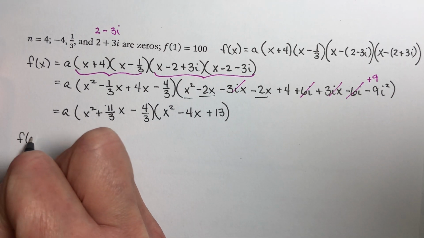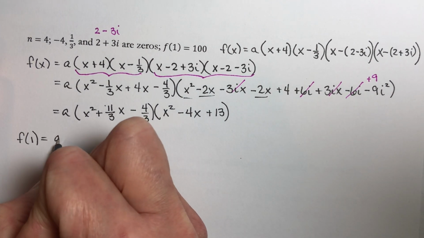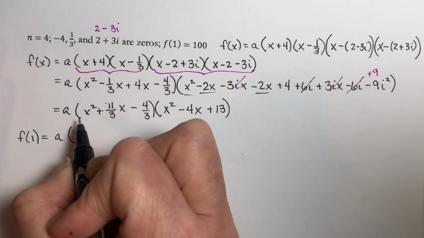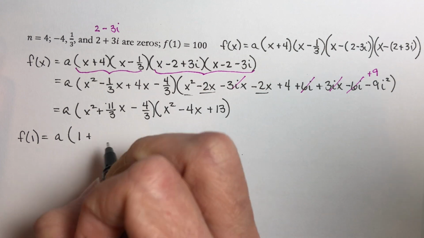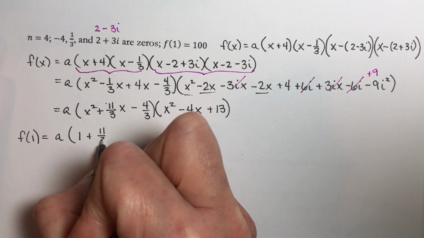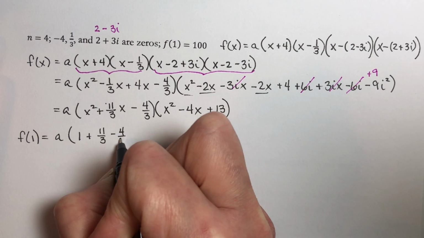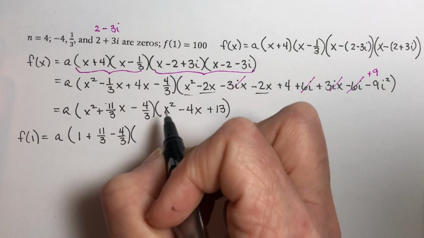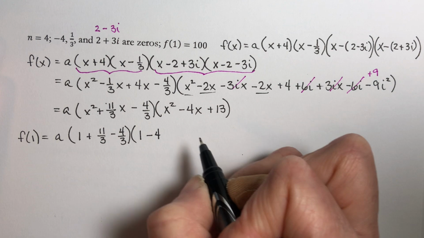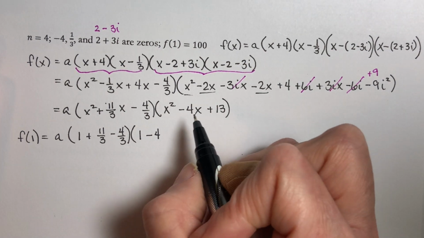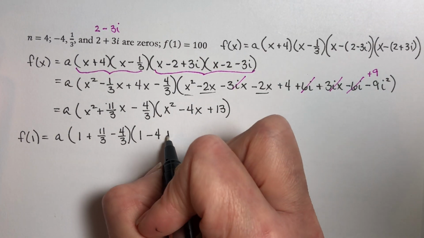So that would be f of 1 equals a times 1 squared is 1, plus 11/3 times 1 is 11/3, minus 4/3, times 1 squared is 1, minus 4 times 1 is minus 4, and then I have plus 13.